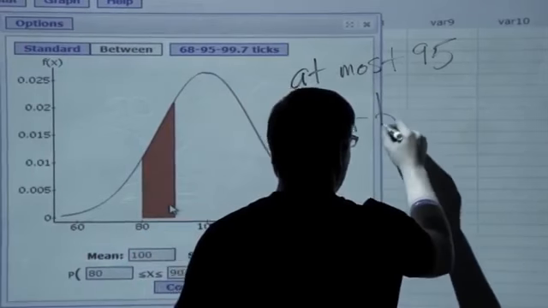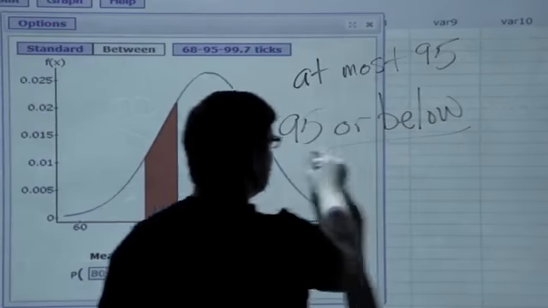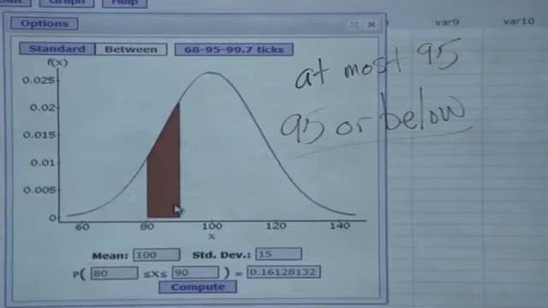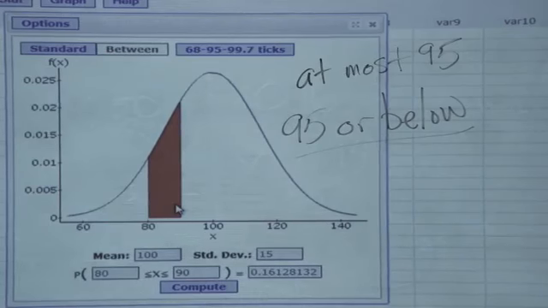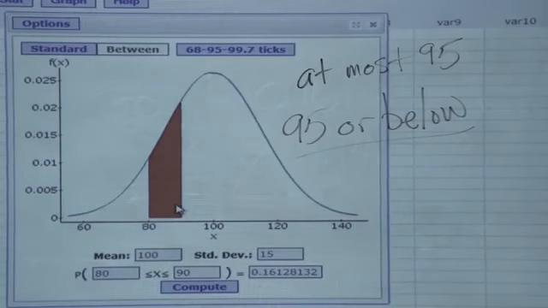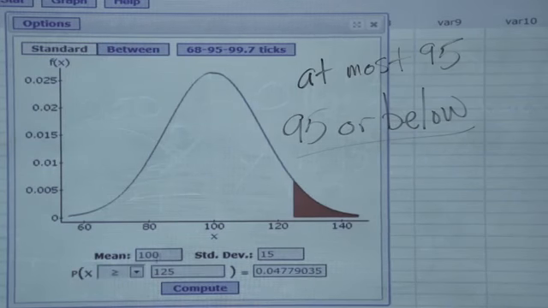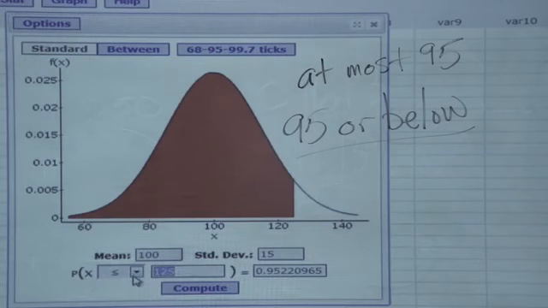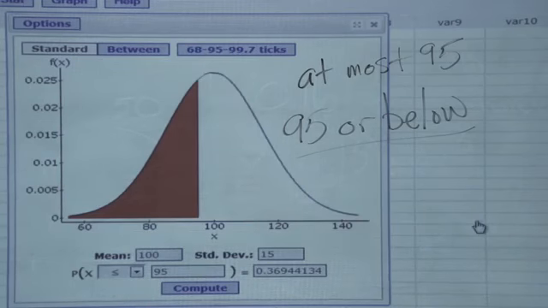That's 95 or below, students. So we're shading left, left tail. Standard, not between, standard. IQ for the whole example, change to less than equal to, I think it was 95, right? Yep. Hit compute.